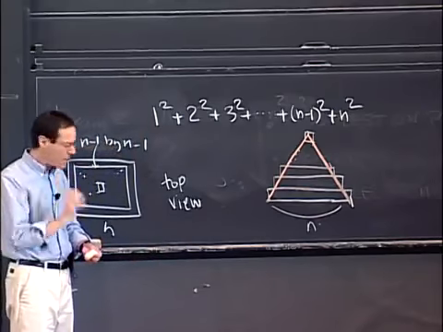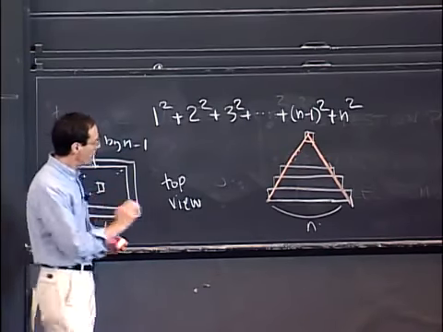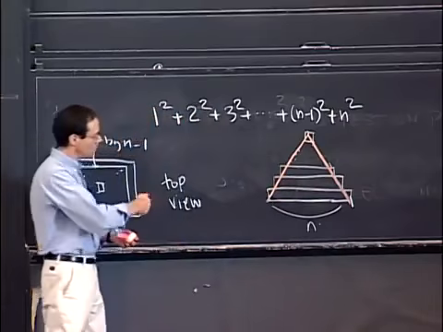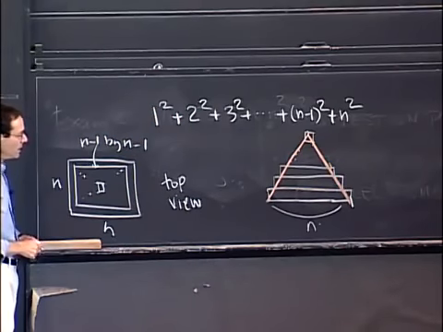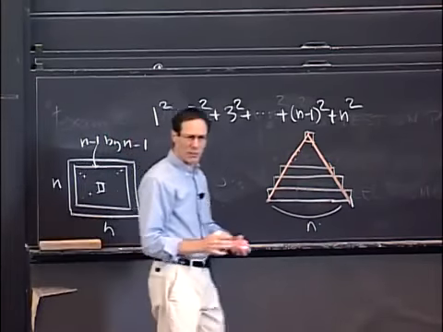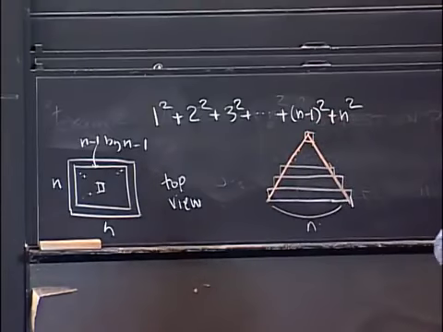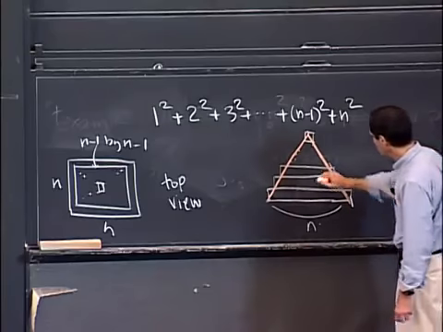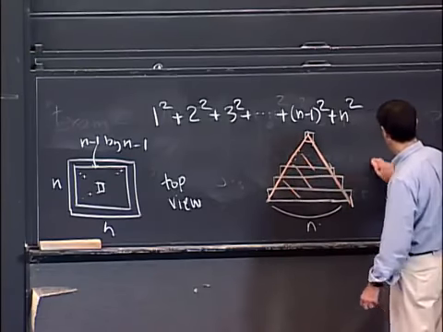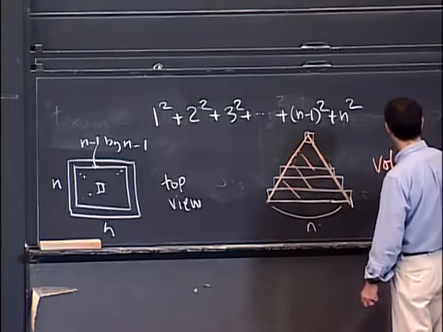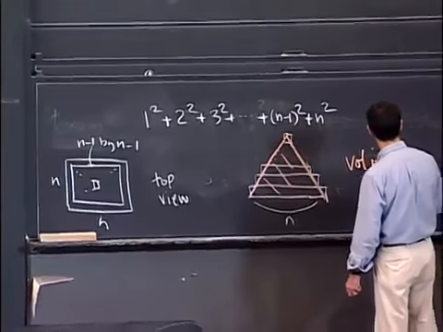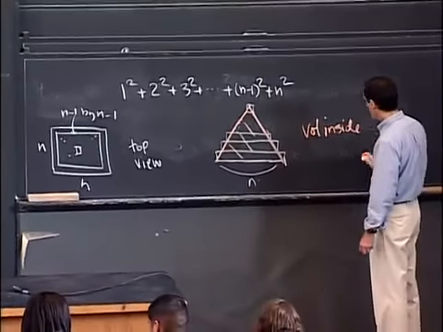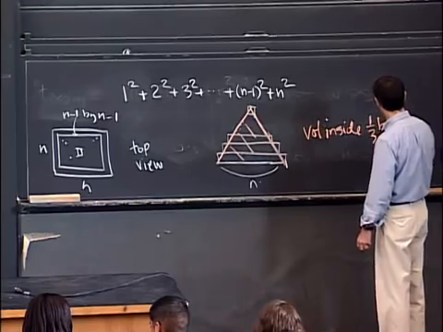And so we know the formula for the volume of that, because we know the formula for volumes of cones. And the formula for the volume of this guy, of the inside, is 1/3 base times height.